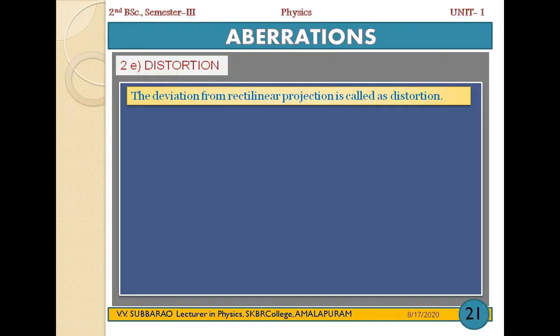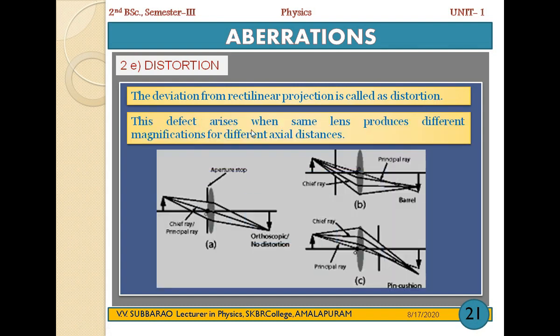Distortion. The deviation from rectilinear projection is called distortion. The defect arises when the same lens produces different magnifications for different axial distances. In these diagrams, you can observe that the distance of the object is varied and the position of the aperture stop is also varied.